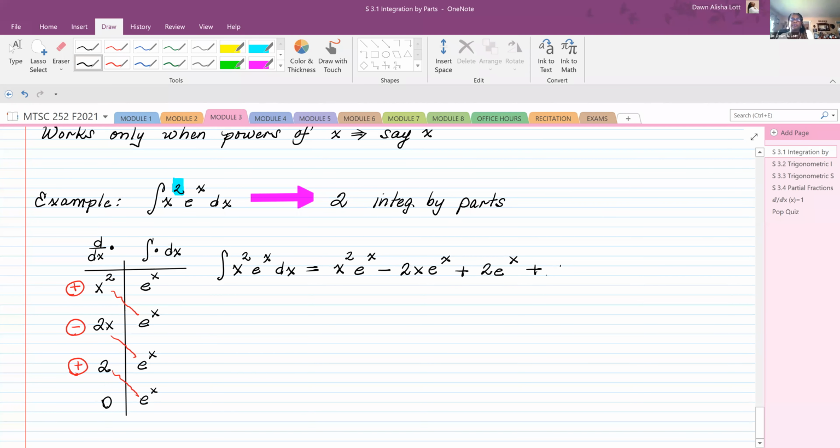So what I'm going to do is take this integral and stick it in right up here.